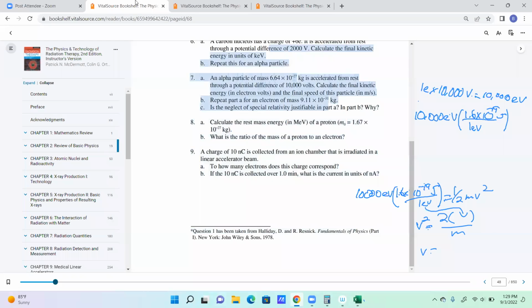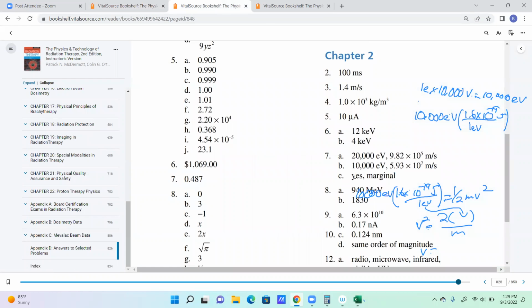Now, the final question here, part C, is, is the neglect of special relativity justifiable in part A and in part B? And why? The reason they ask whether it is reasonable to ignore it here is that this is well less than 10% of the speed of light.